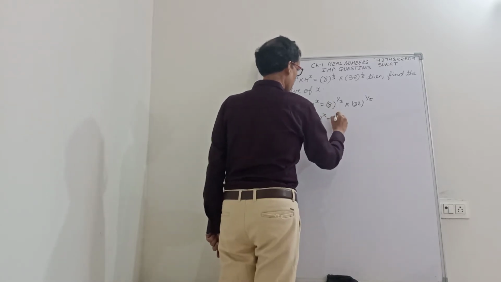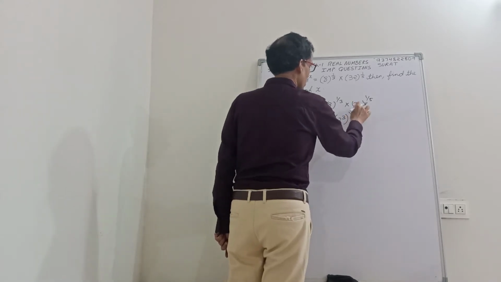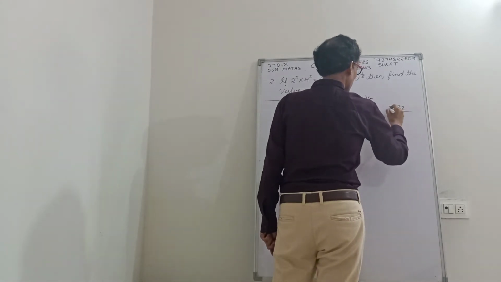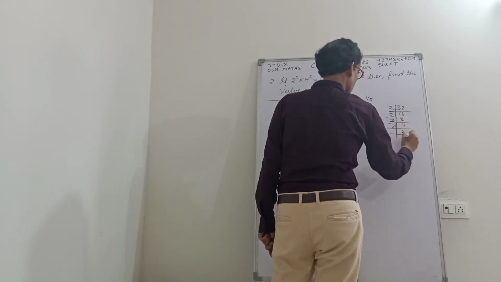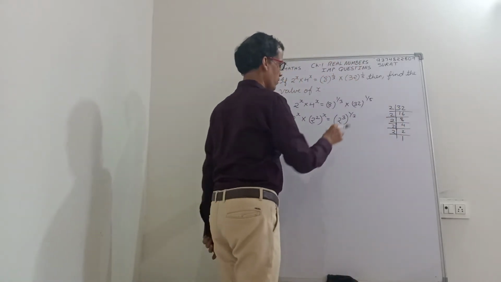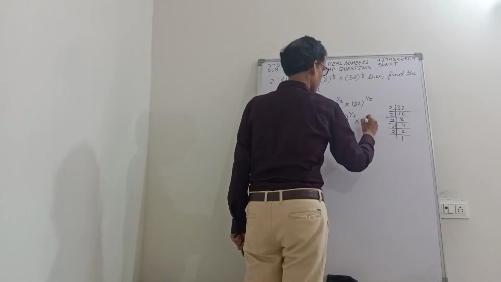And what is 8? 8 is the cube of 2. Now do the prime factorization of 32: 2 16s are 32, 2 8s are 16, 2 4s are 8, 2 2s are 4, 2 1s are 2. So 32 is 2 power 5. So instead of 32, we can write 2 power 5.